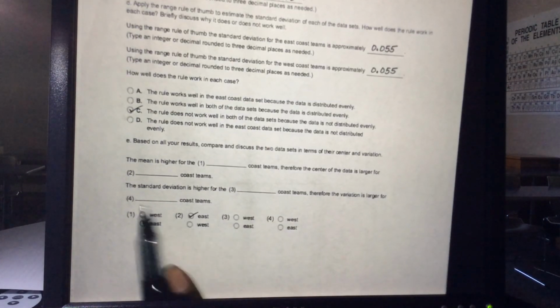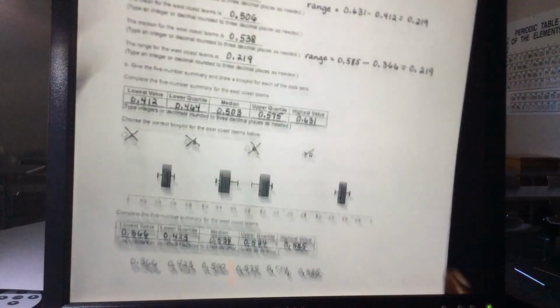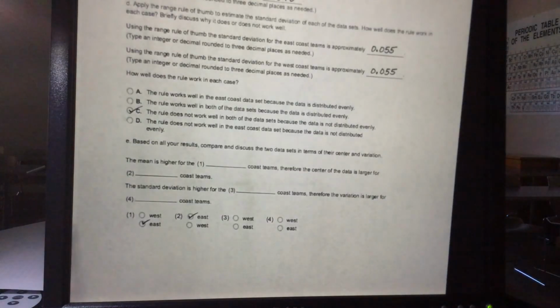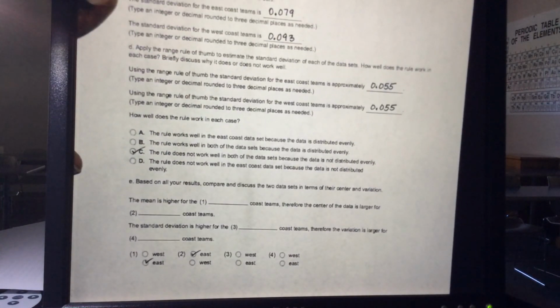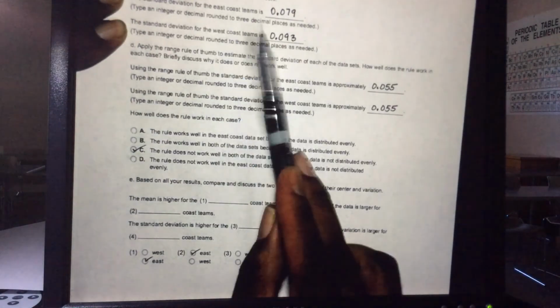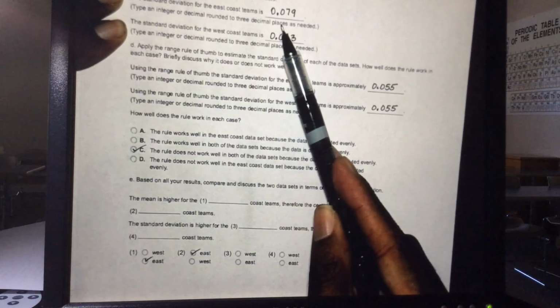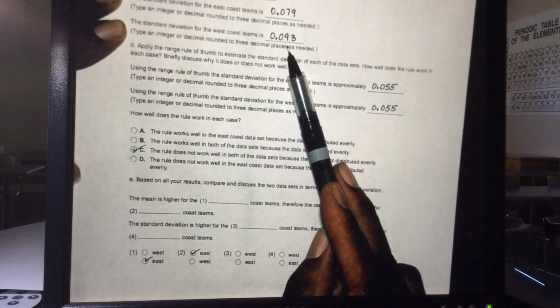And then the other part, the standard deviation is higher for the East or the West Coast teams. Let's see. Oh, I can go back up here. We can see here the standard deviation for the East is 0.079, and for the West is 0.093.